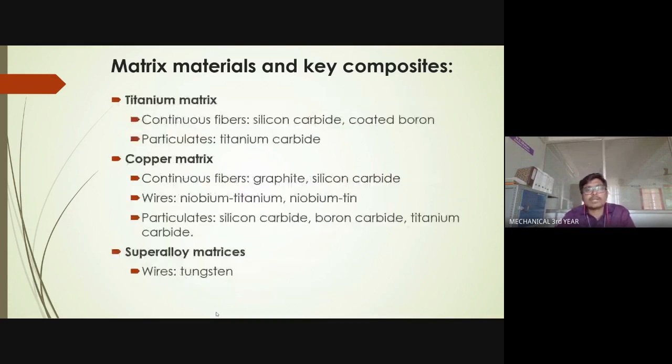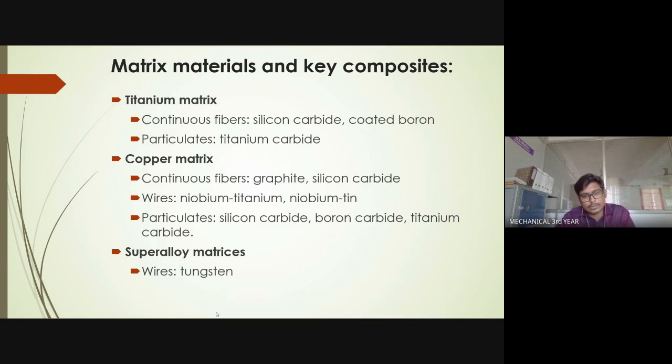So in the case of titanium matrix, we have continuous fiber, silicon carbide coated with boron, and particulates we have titanium carbide. This is quite costly when compared to your previous ones. So titanium becomes a much costlier thing. In copper matrix, we have continuous fibers, graphite, silicon carbide. Wires, we have niobium, titanium, and niobium tin. And in the case of particulates, silicon carbide, boron carbide, titanium carbide, and others.